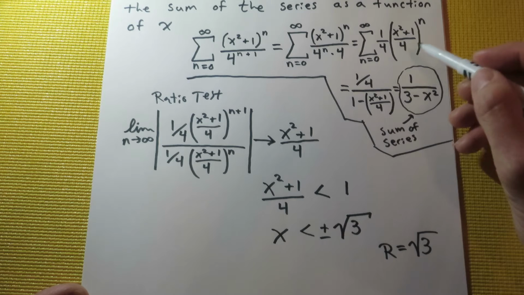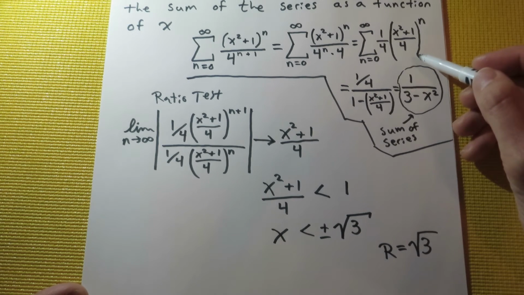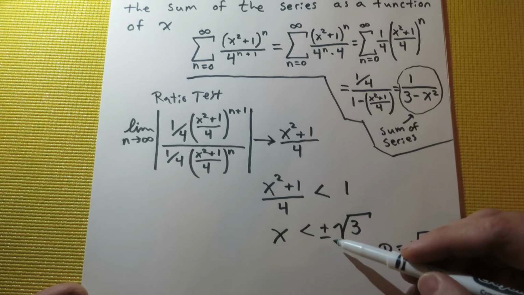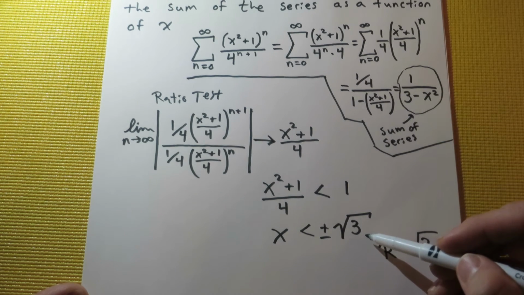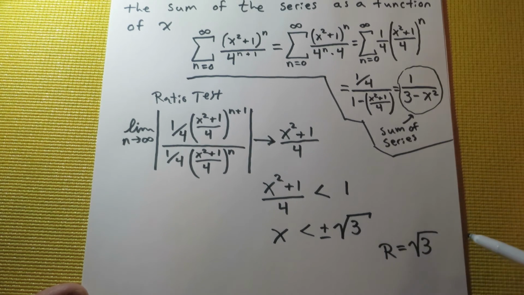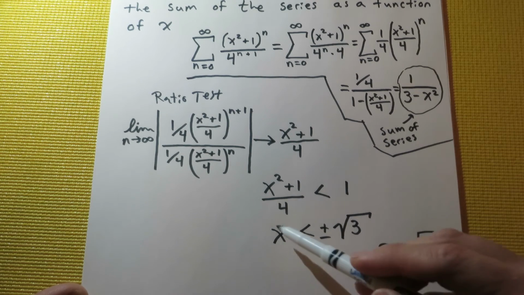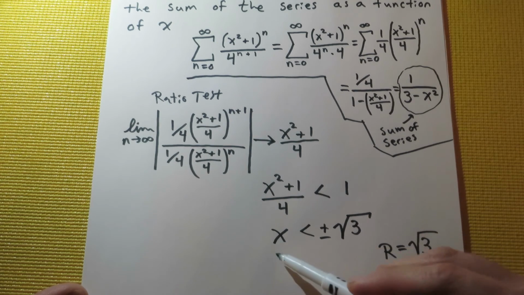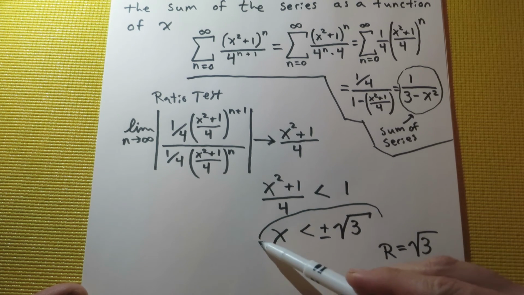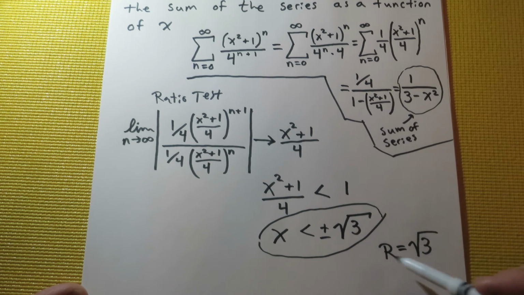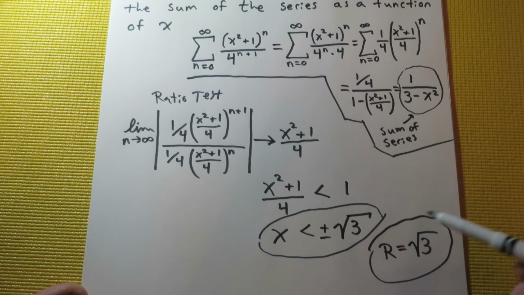It's only going to converge in between x equals negative root 3 and x equals positive root 3. So then we're done. This gives us our interval of convergence and our radius of convergence.